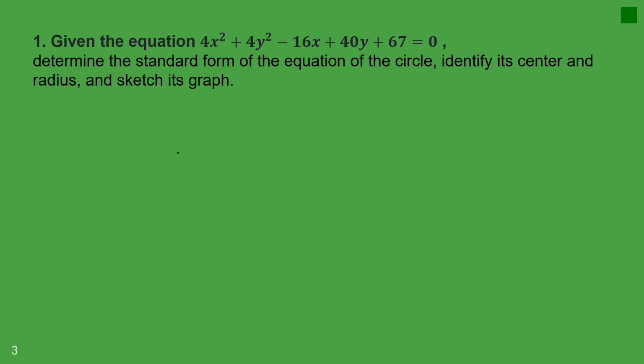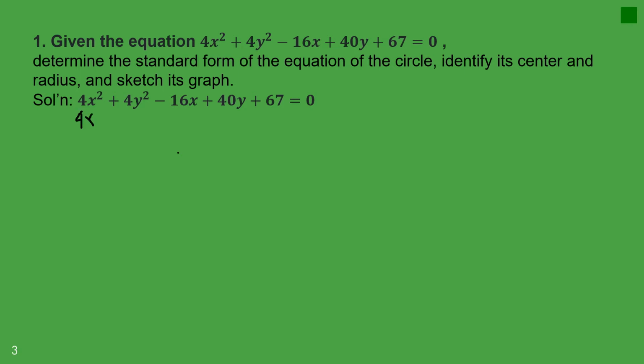Okay. To solve that, we need to write first the given. Then the next thing that we're going to do is we transpose the constant, 67, to the other side of the equation. So let me copy this one.